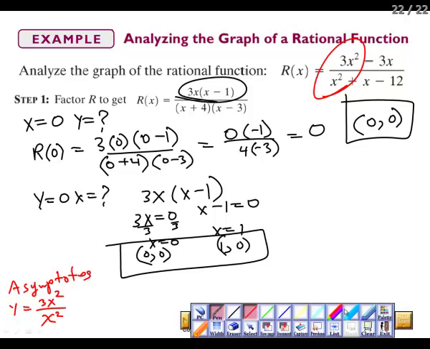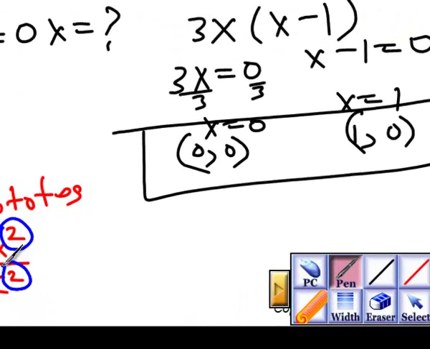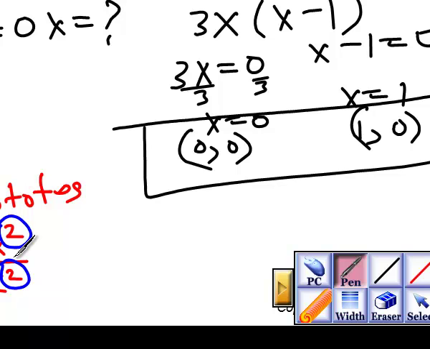Since our leading exponents are the same, then that tells you that our asymptote is y equals what? Right, 3 over 1. Here's 3, here's 1, so it's 3 over 1. So we're just going to say y equals 3.